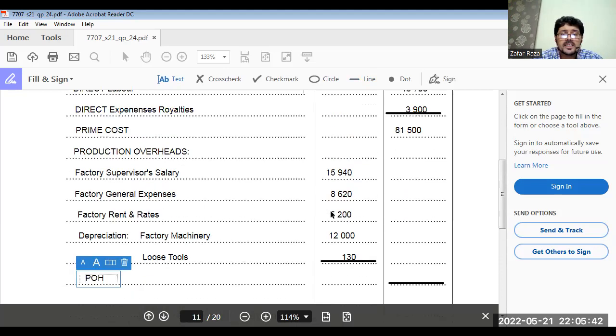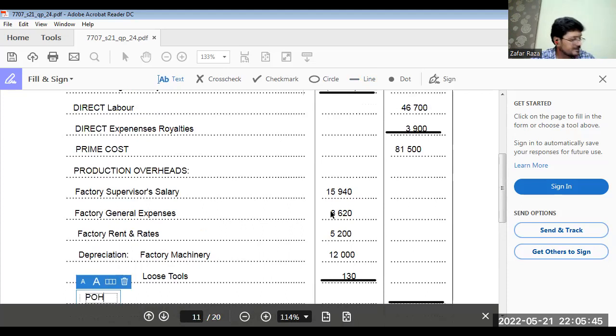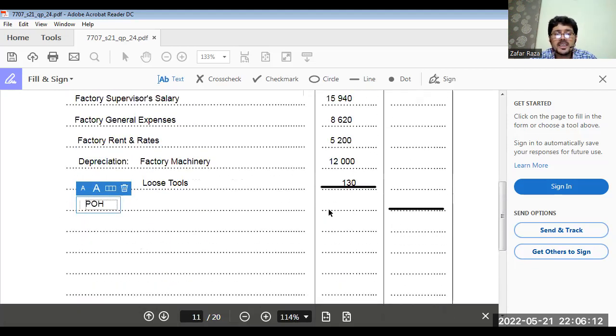Get the totals: 15,940 plus 8,620 and so on. Total production overhead is 41,890.